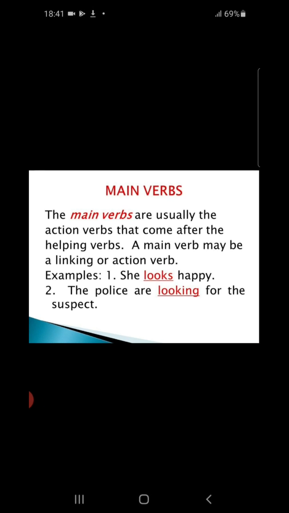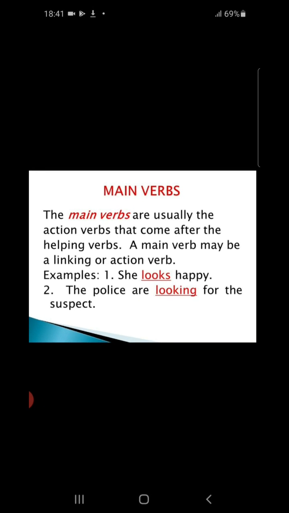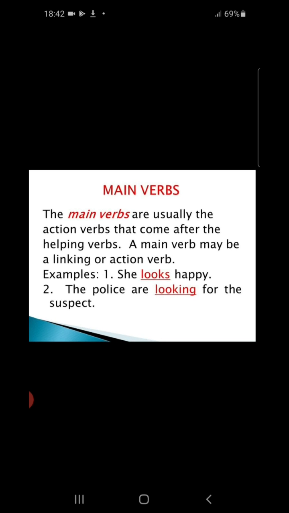So, it can link the other words in a sentence to provide a particular meaning, or it shows an action, an activity, any kind of movement done by an individual to render complete meaning to a sentence.